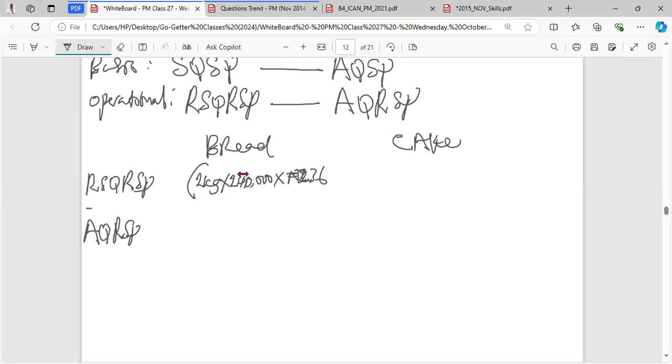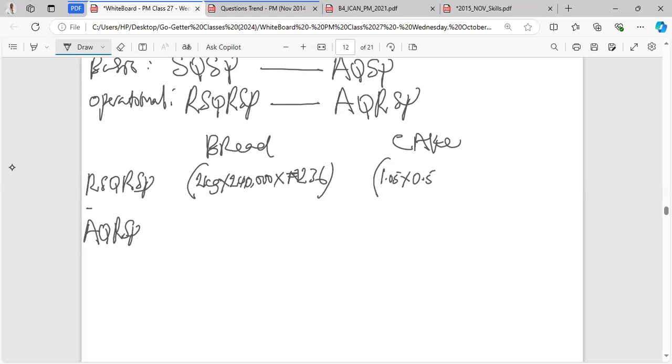Somebody is saying I should explain the operational again. Operational variance. Don't worry, when I finish, I'm going to show you how you will be doing it. After this, I will show you what you should be doing when we have planning and operational. Okay? Then in the case of cake, revised standard happens to be 1.05 multiplied by 0.5.